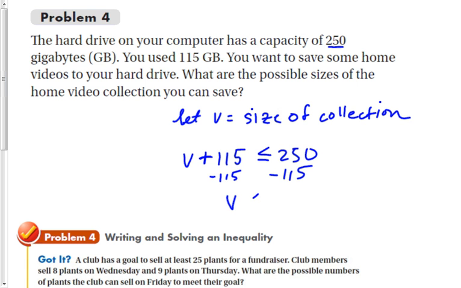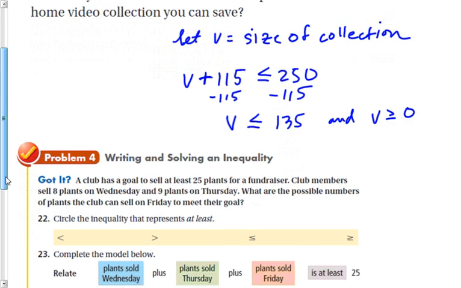And we get our video collection can be any number less than or equal to 135. Of course, that has to be a positive number, so I'm just going to put a side note: B is greater than or equal to 0. But we know that we can use any size less than or equal to 135. All right, you try that.